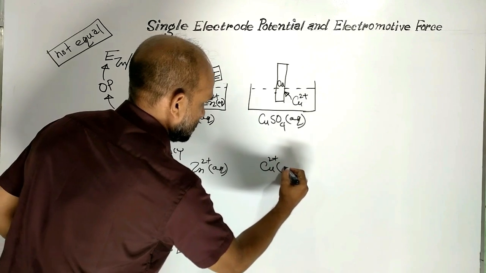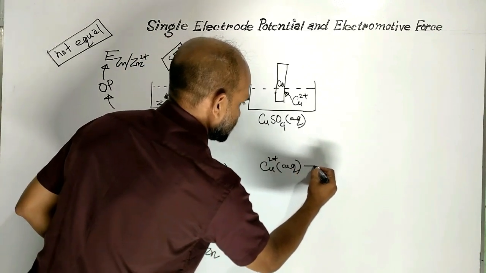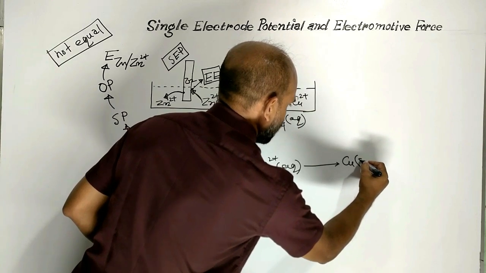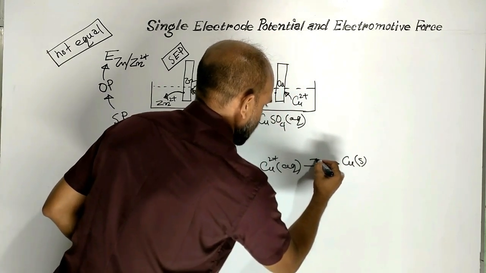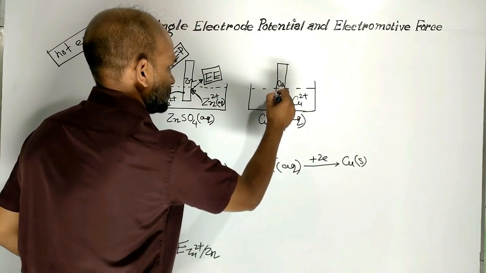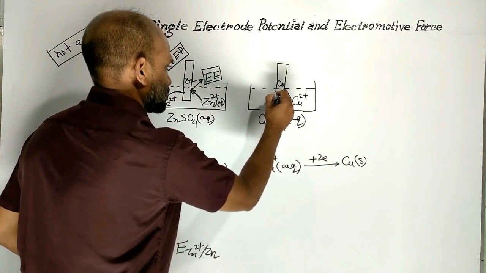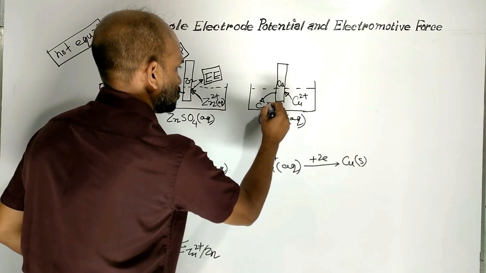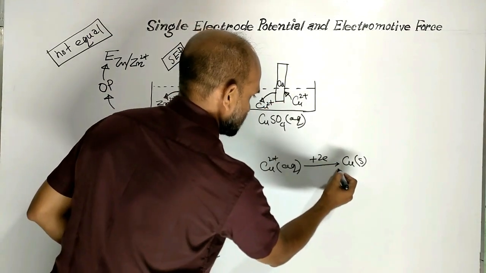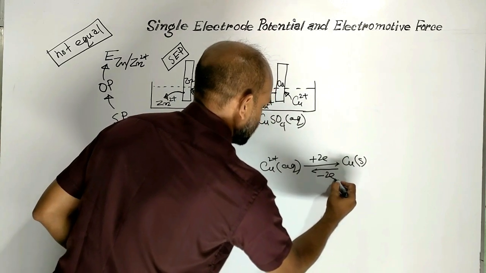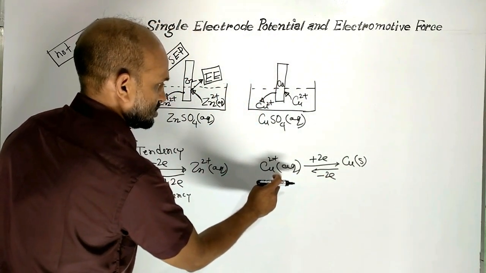Copper 2 plus ion changes to metallic copper, accepting electrons. At the same time, zinc atoms go to solution as zinc 2 plus ions, giving up electrons here as well.